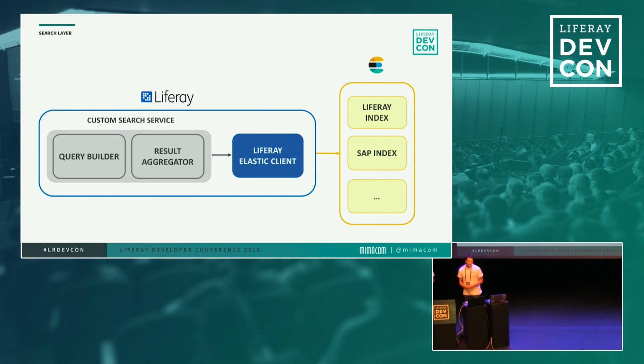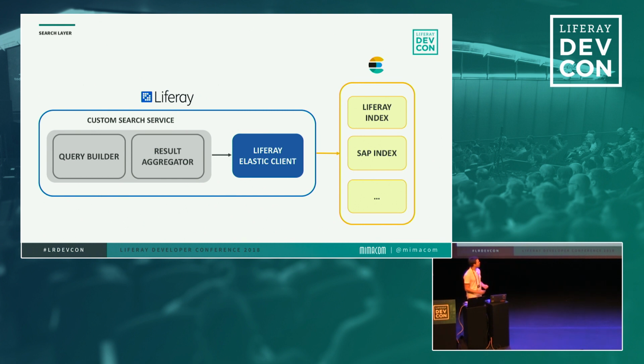So we totally eliminated the Liferay search service, removing it and only using the Liferay wrapper for the Elastic client. That was really good and gave us a lot of flexibility. We manage all the query building, even for the Liferay content, and we made a custom aggregation. We used the typical Java strategy pattern, an interface and a lot of implementations, where each provides queries and aggregators depending on the sources.